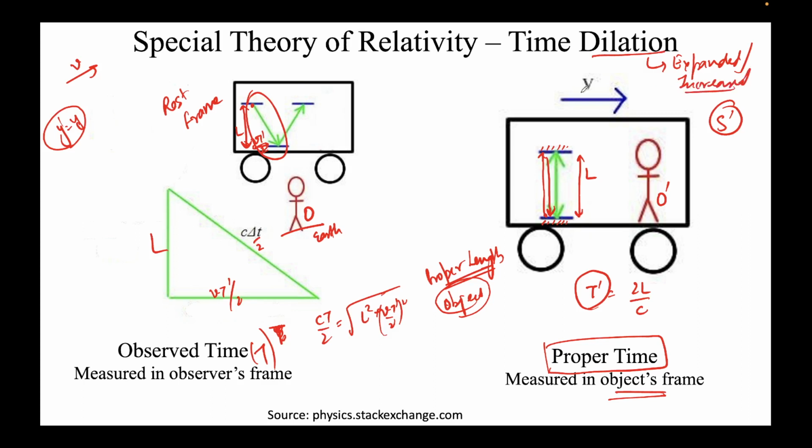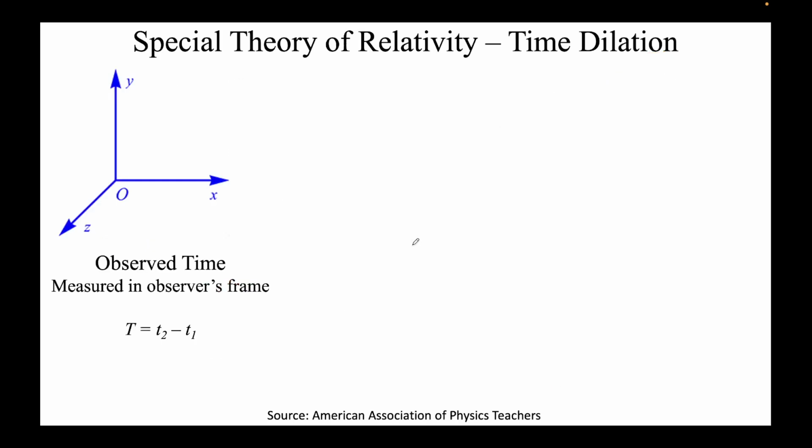So the time measured by this observer, which we denote by t, will be more than the time observed by the object frame observer. This concept is known as time dilation, because time has now increased, although both are capturing the same event.